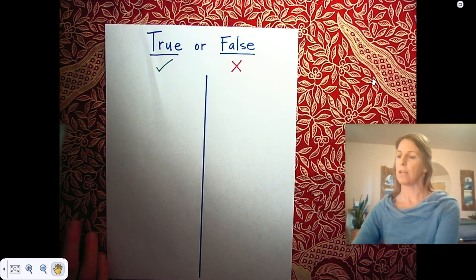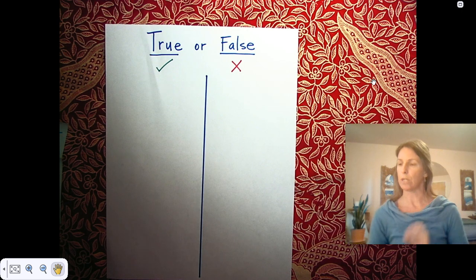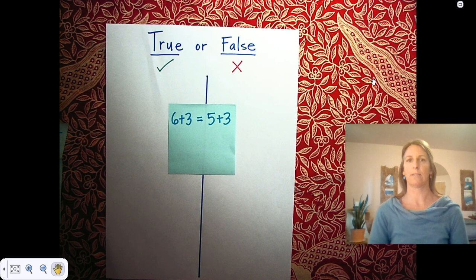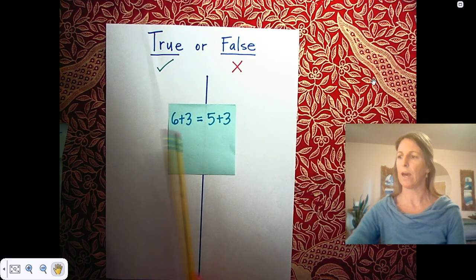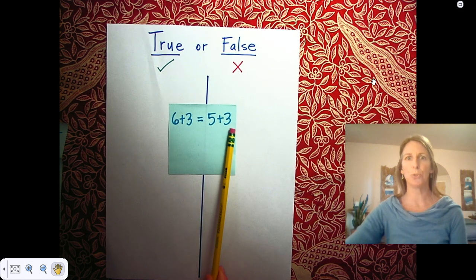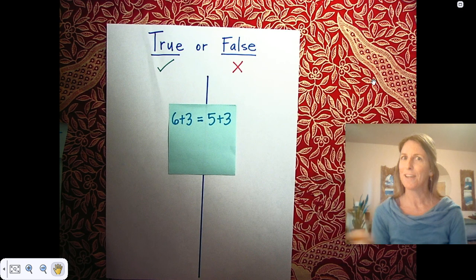So if I gave you an equation, it's actually two parts that looked like this. Oh my goodness. It's one of those equations where they have two numbers on this side and two numbers on that side. Tricky, tricky. Don't get tricked.